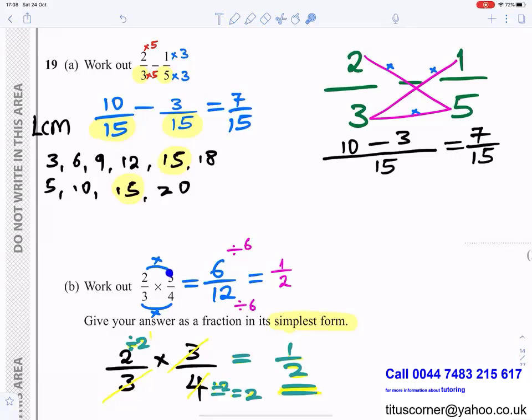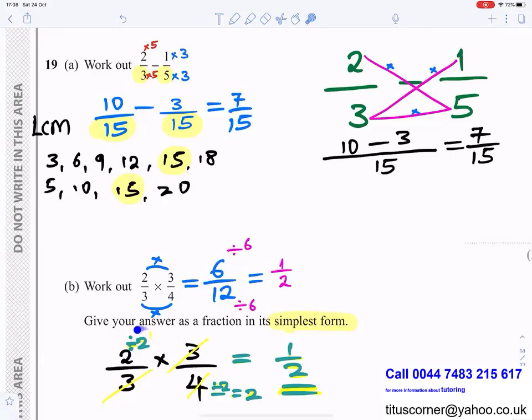So you can do 2 times 3 is 6, 3 times 4 is 12. 6 divided by 6 is 1, 12 divided by 6 is 2. So you get a half. Or you can cross out the 3 in the numerator and the 3 in the denominator.